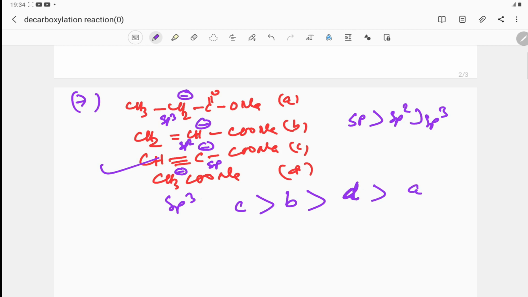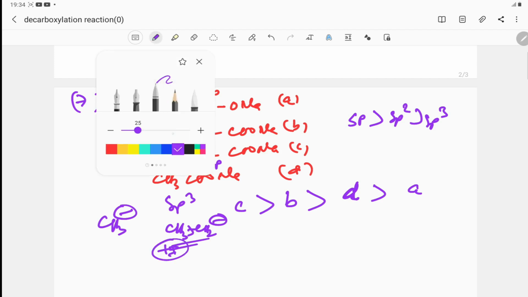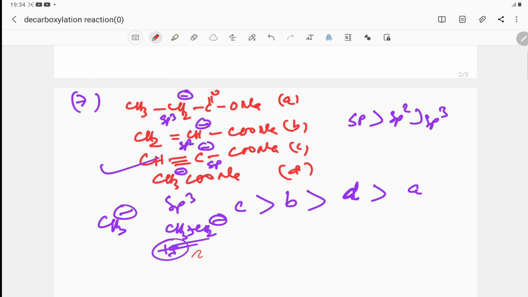Why D? In case of D, a methyl carbanion is produced. In case of A, an ethyl carbanion is produced. The ethyl carbanion is less stable due to the plus I effect of the methyl group. In case of CH3CH2 minus, it has a plus I effect, so it is less stable compared to methyl.